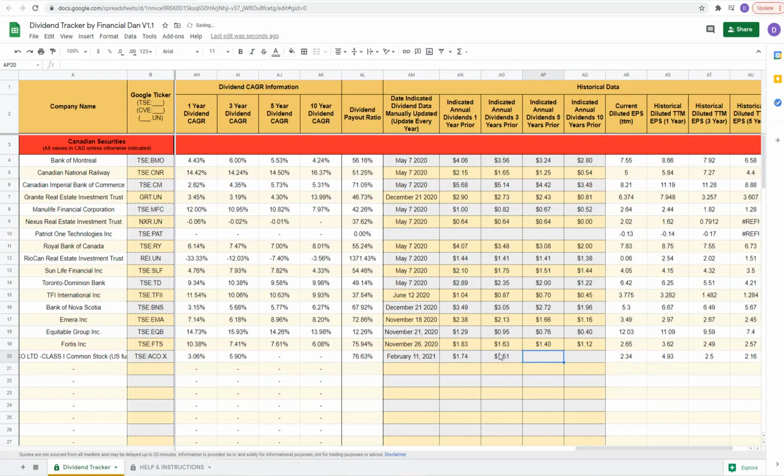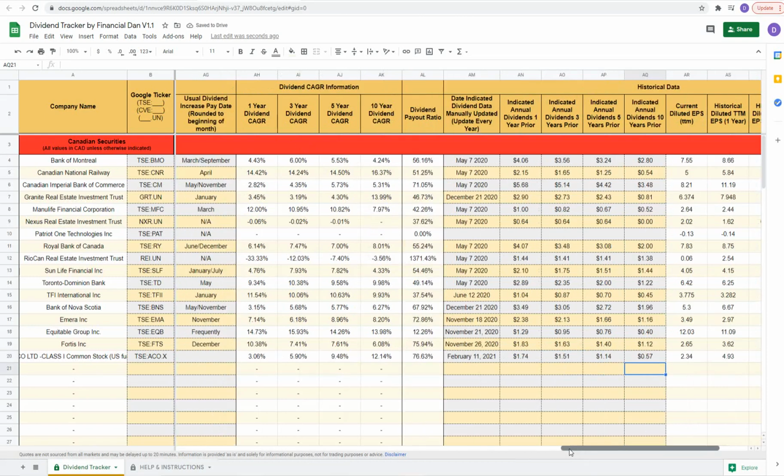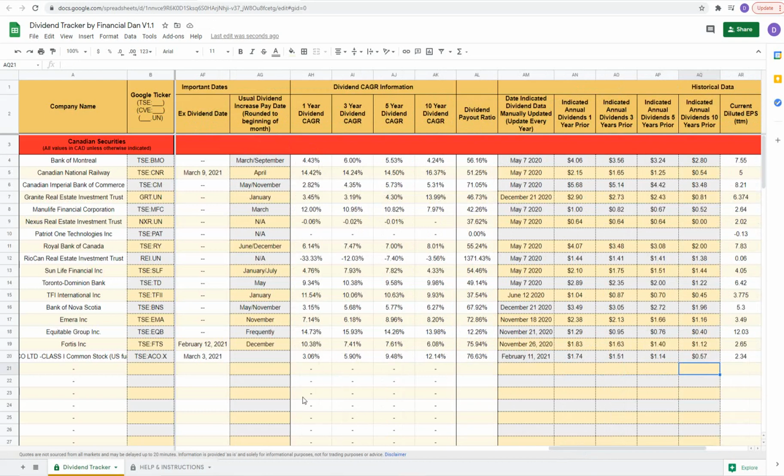And then 5 years prior was $1.14. And 10 years prior was 57 cents. And then you can see over in the dividend CAGR information, these boxes have now been filled, and that'll just tell you the average annual compounding growth rate of the dividend for each given amount of time.